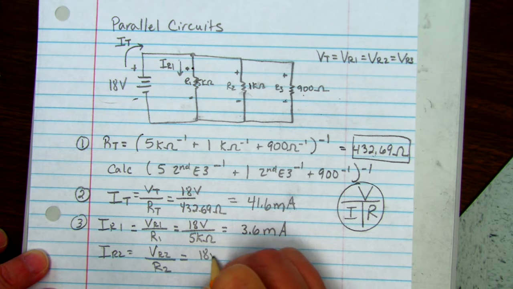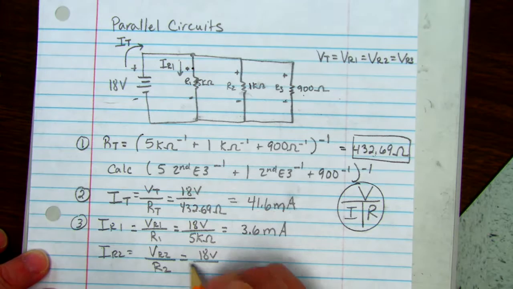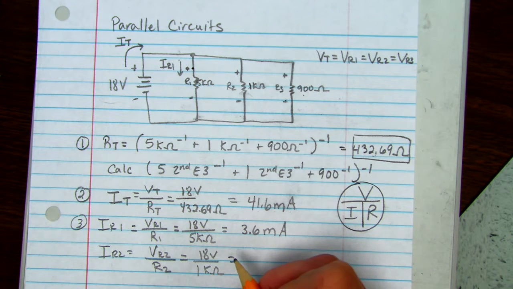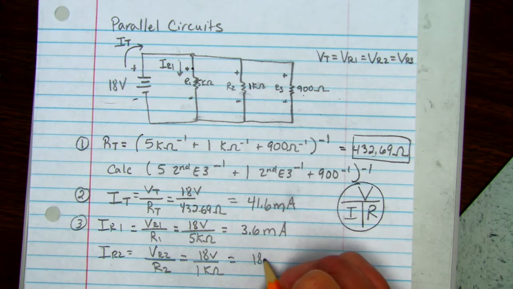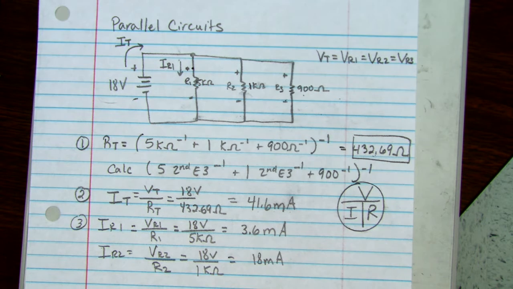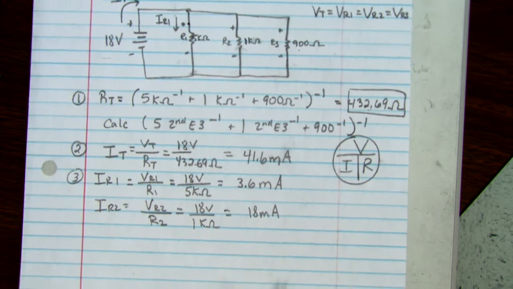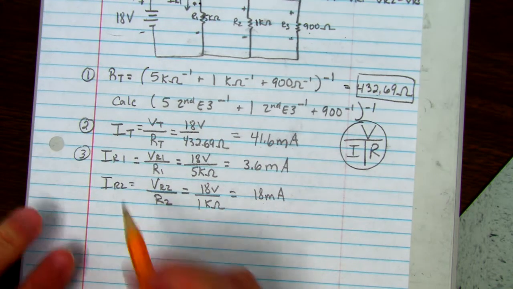So again, 18 volts divided by 1 k ohm. That's going to give you 18 milliamps. Again, on the calculator, it'll say 18E negative 3. The negative 3 means milli, and the unit is amp.